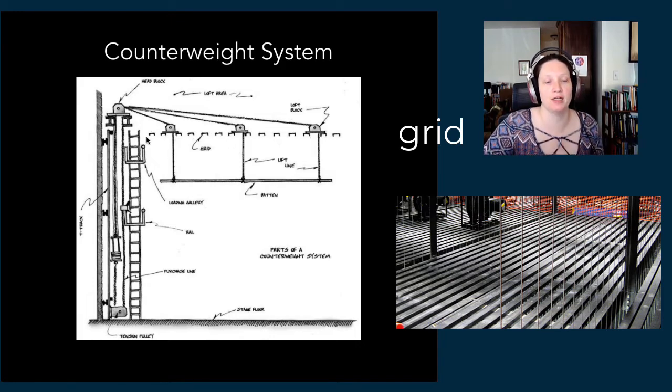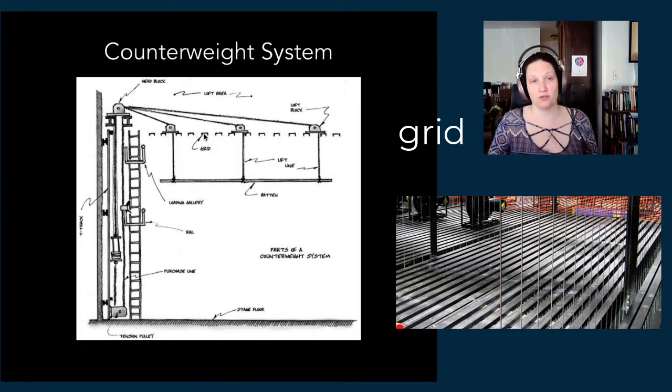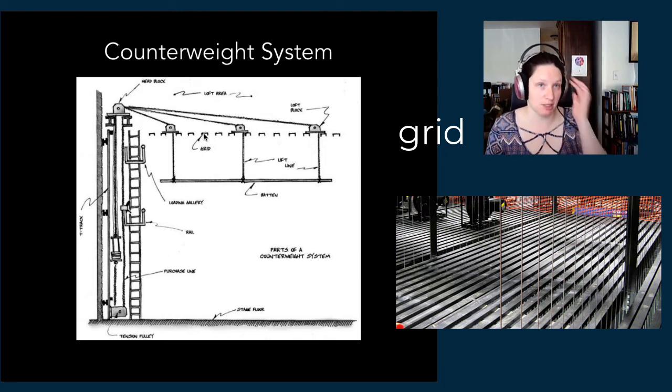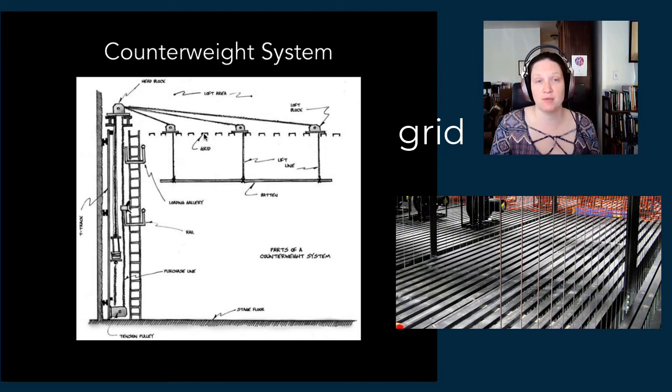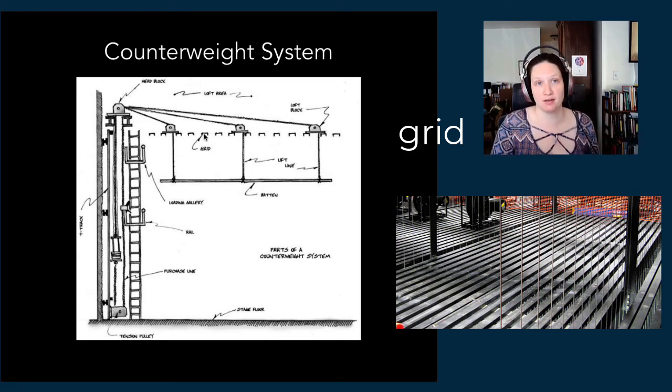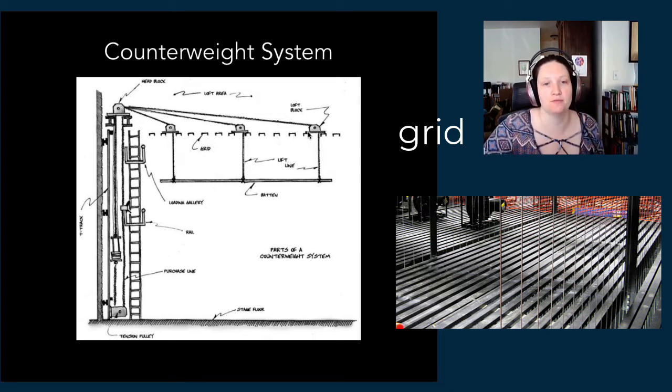So the grid is a network of steel beams with spaces in between them that covers the whole over stage space typically, and that allows some flexibility in the placement of this system and also allows you to dead hang other things in or around the moving parts of your fly system. So that's the grid, the gridiron.